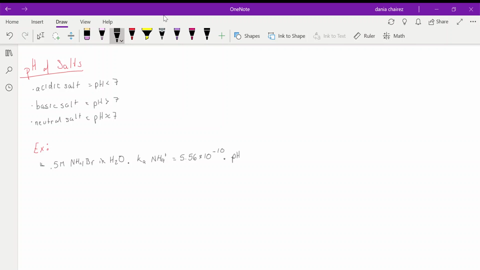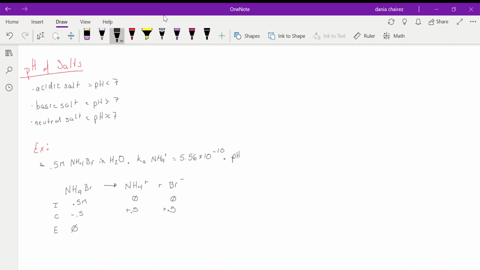So the first thing we're going to do is set up an ice table for our salt, which essentially, like I said, it breaks apart fully, so you end up with your ammonium ion and your bromide ion, and then you start off with 0.5, none of these, and then you're subtracting 0.5 and adding 0.5 to these, because like I said, what you started off with is what you end up with.